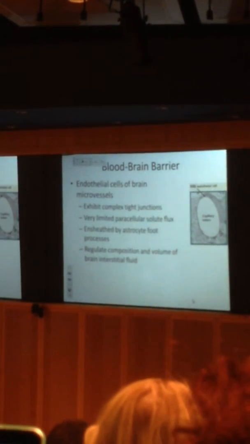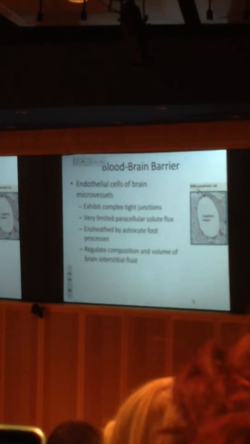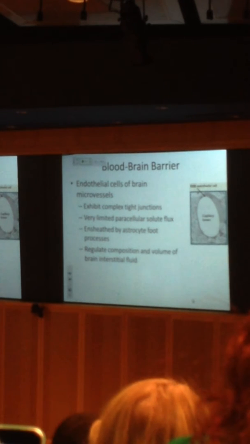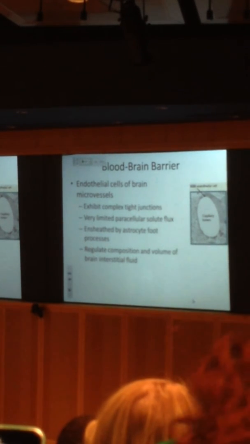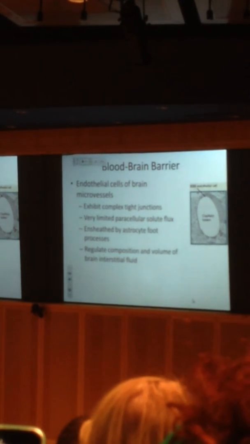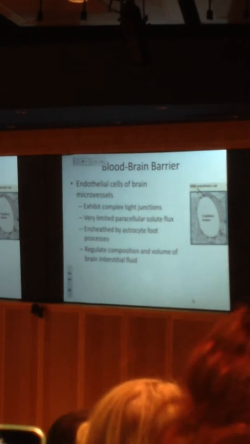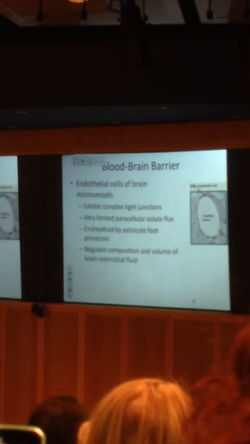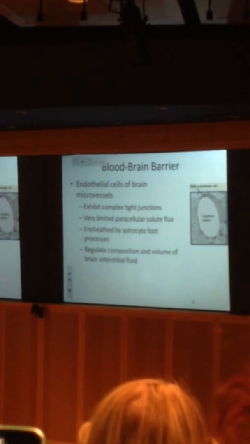All right, one of the big topics of this class is the blood-brain barrier. So what is forming the blood-brain barrier? I heard this is a review, so I threw this question to the class. Astrocytes. I heard astrocytes.